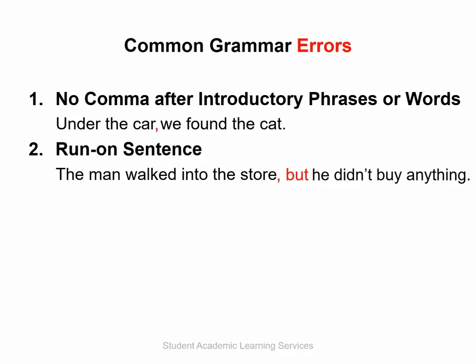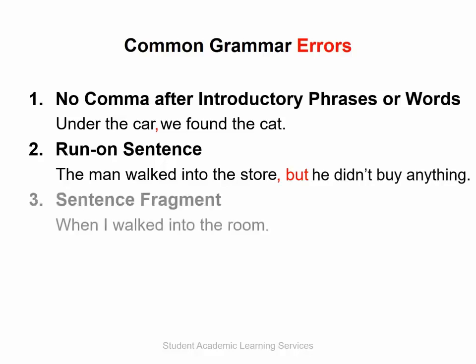And fanboys is a mnemonic device to remember the coordinating conjunctions that we use between 2 sentences with a comma. So for, and, nor, but, or, yet, so. These are the fanboys.